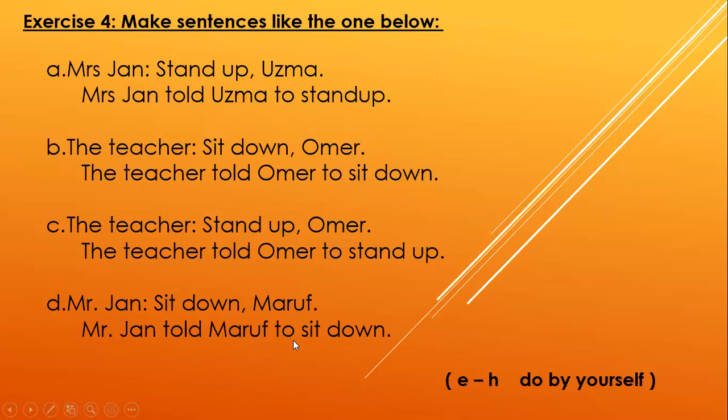Very easy exercise. It's just for your understanding. If you understand well, then you can do it easily. How to do it? You are using "to". One person to another person. Mrs. Jan told Uzma, then you put "to" and the same words, stand up. The teacher told Umar to sit down.